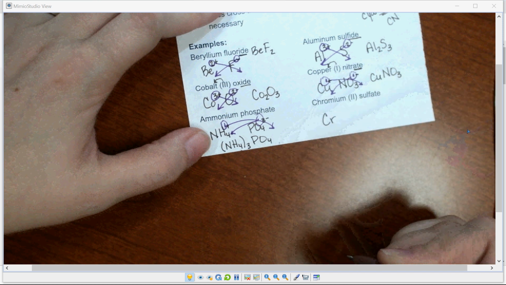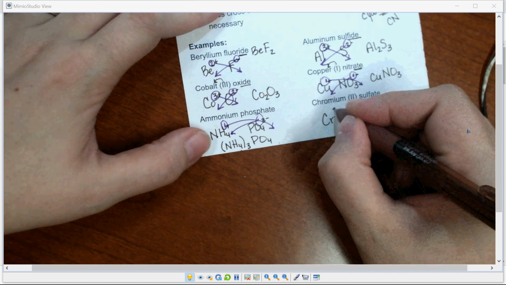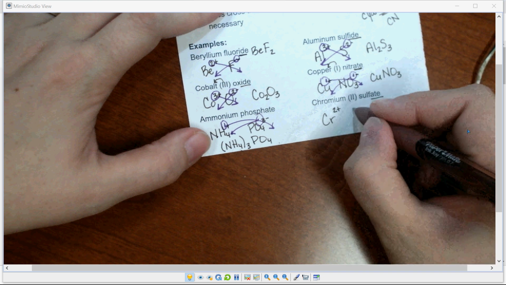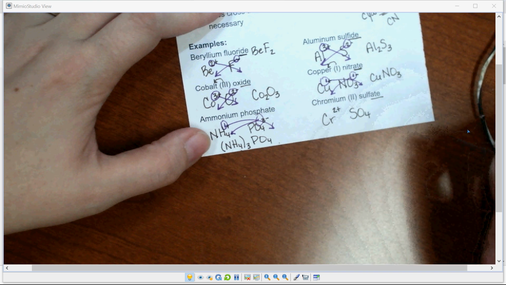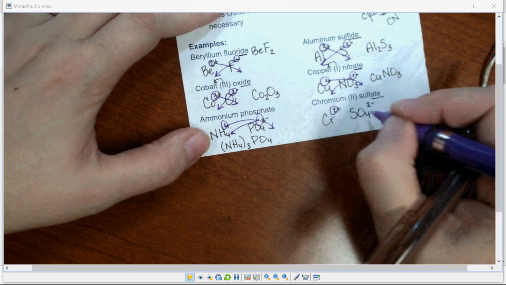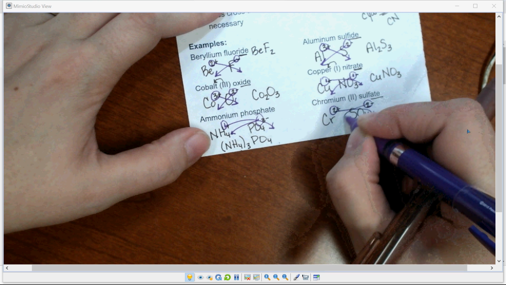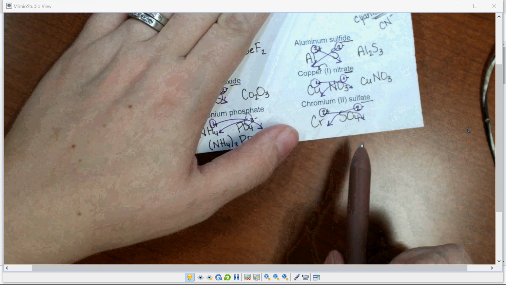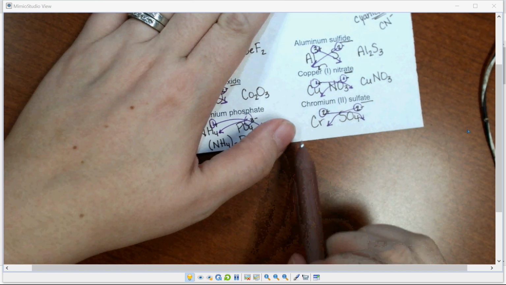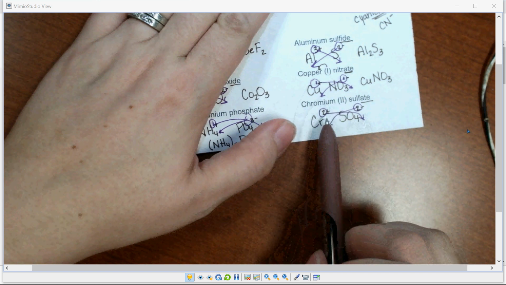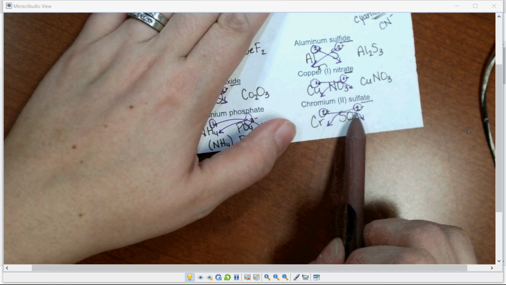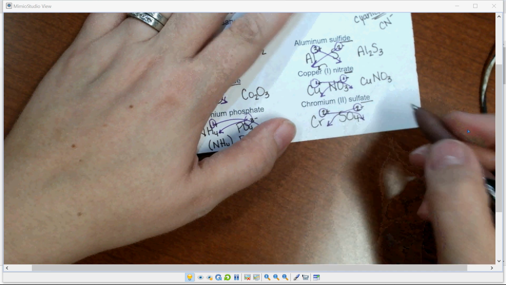And the last one, chromium 2 sulfate. Chromium is Cr. That 2 tells me this is a 2+. Sulfate tells me to look at my poly list to find this is SO4 2-. I'm going to take those numbers and swap and drop them. However, remember that if you can reduce, because we're looking for a ratio of whole number atoms, these can reduce by a factor of 2, which means this is a 1-to-1 ratio.